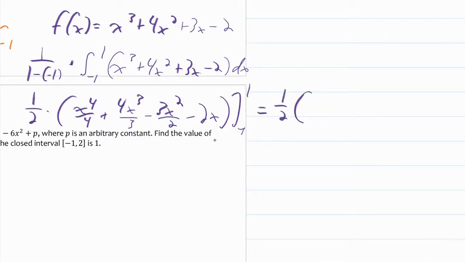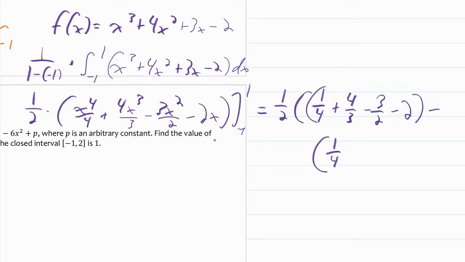1/2 times, this would be 1/4 plus 4/3 minus 3/2 minus 2. That's the first part, and then you'd subtract and plug -1 in, minus 1/4. This would be minus 4/3 minus 3/2, and then plus 2. And you have to keep track of what now cancels.